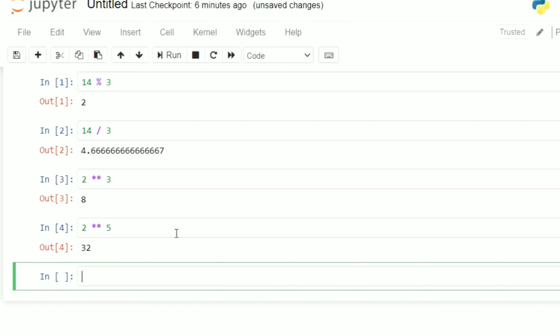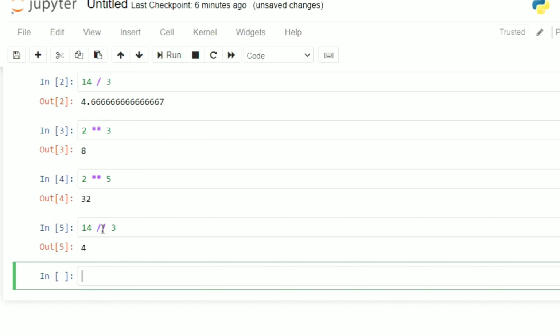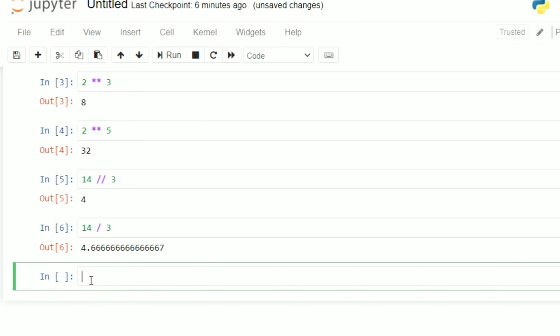Now there is another operation called the floor division operation. If I write 14 floor division of 3 and execute it, it comes out to be 4. Now you can see, if I divide 14 by 3, the answer is 4.66.